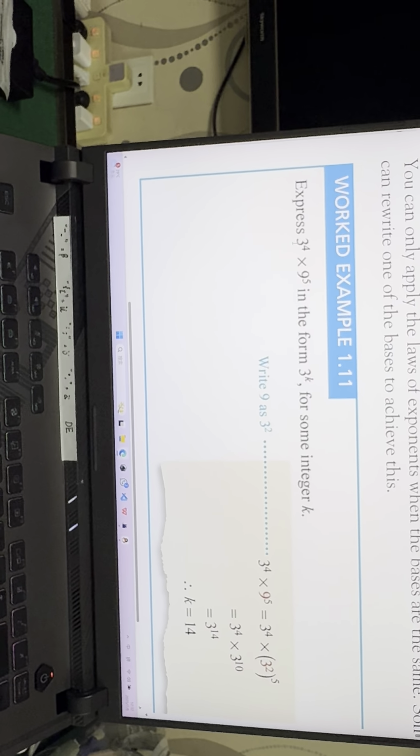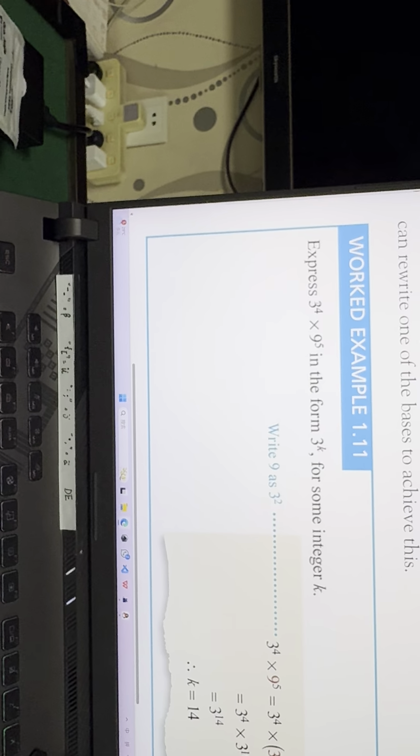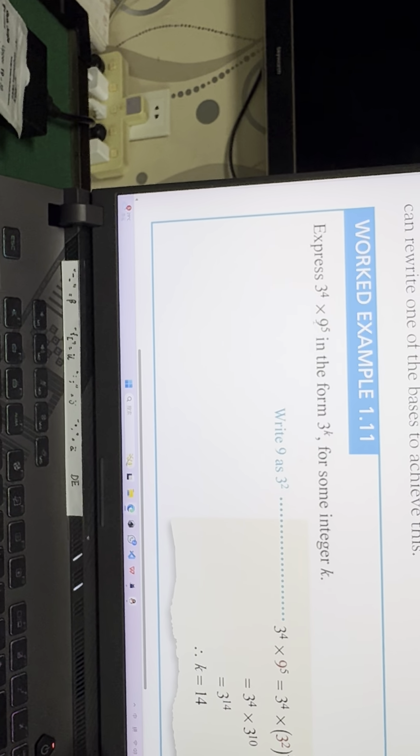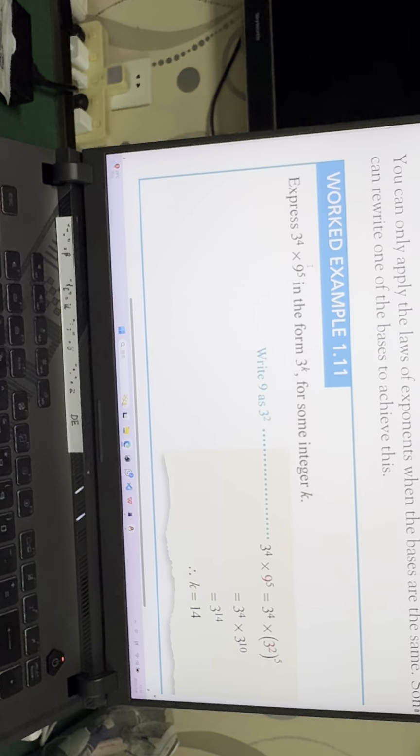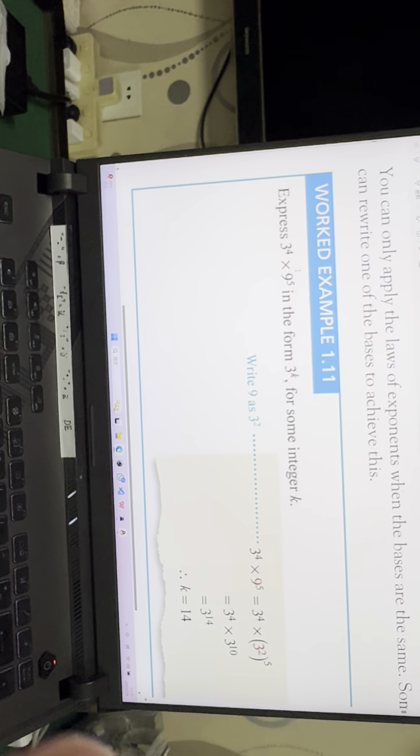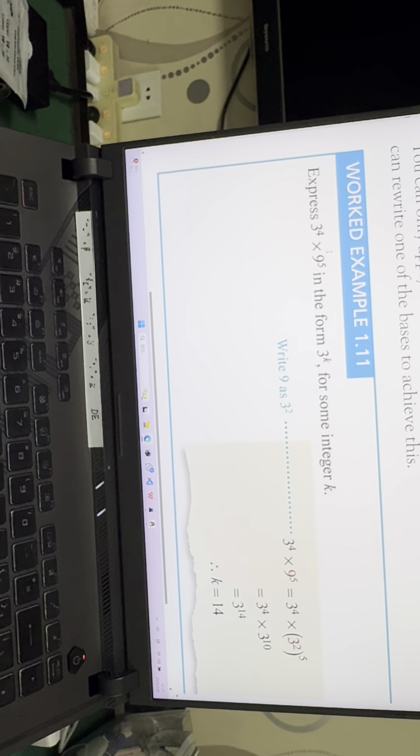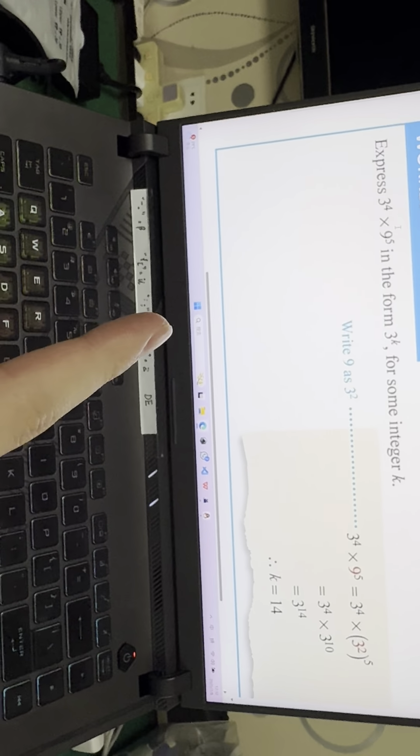In 3 to the power of 4, the base is 3, but in 9 to the power of 5, the base is 9. But no worries, because 9 can be written as 3 to the power of 2, 3 squared. So we can rewrite everything as they said: write 9 as 3 squared and put it in brackets. Then according to the rule, we can expand it and get k equal to 14, like that.